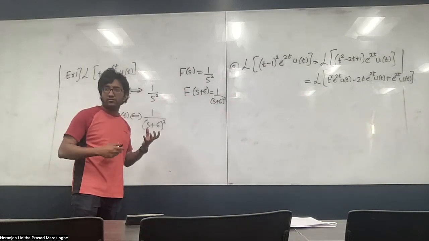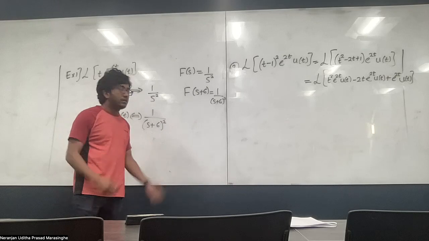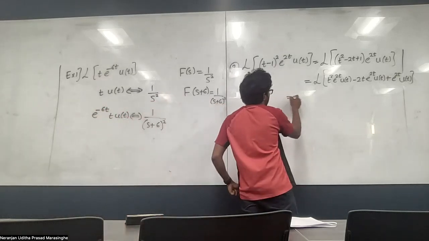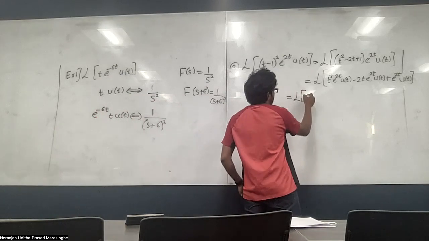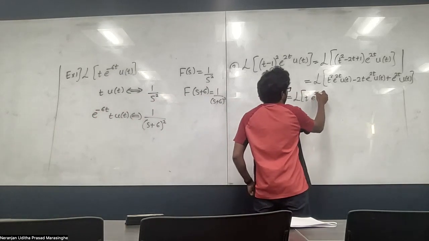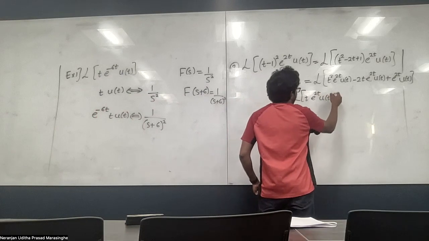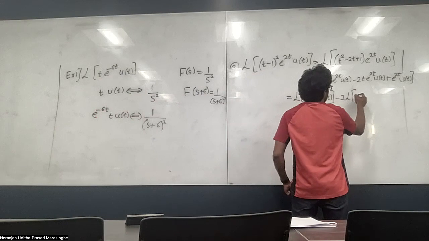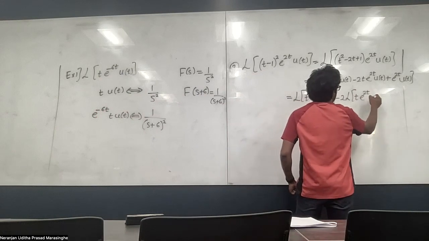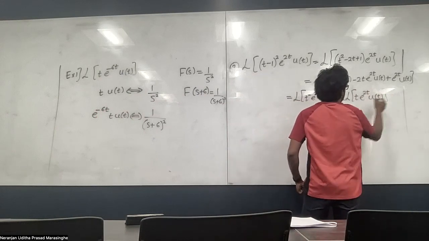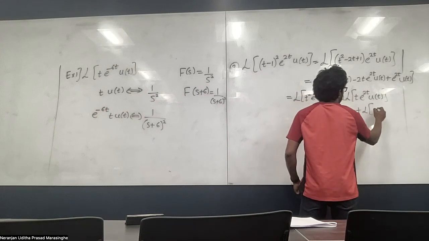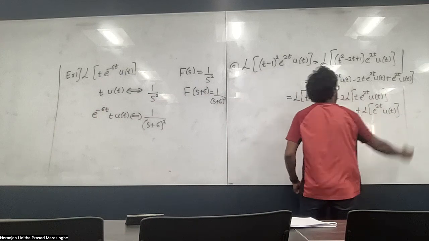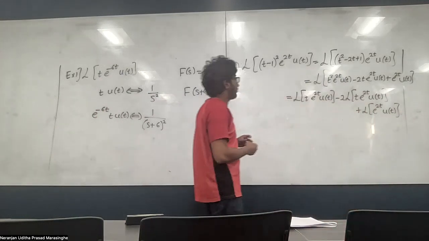Because I have a summation of 3 functions. So by the linearity, I have Laplace of t square e to the 2t u(t) minus 2 times Laplace of t e to the 2t u(t) plus Laplace of e to the 2t u(t).